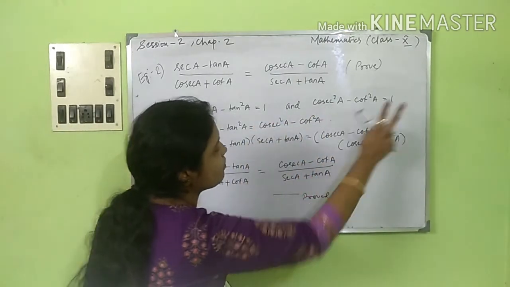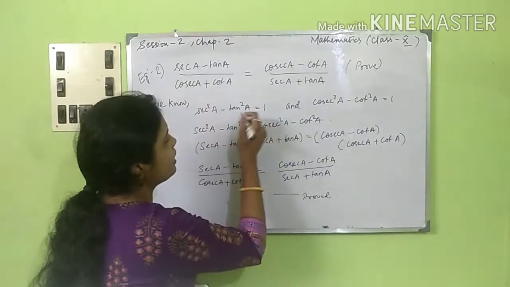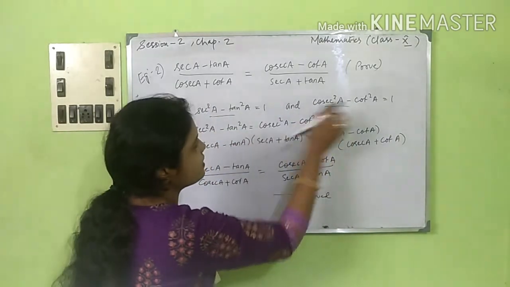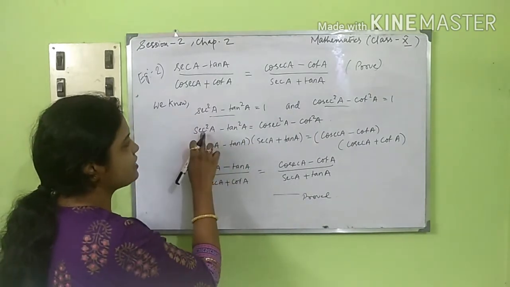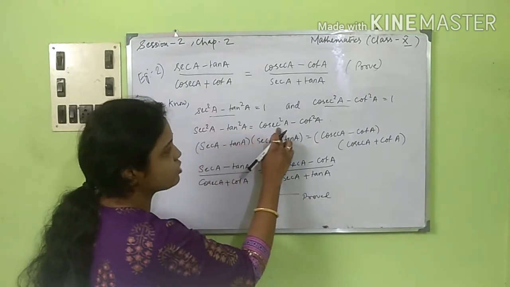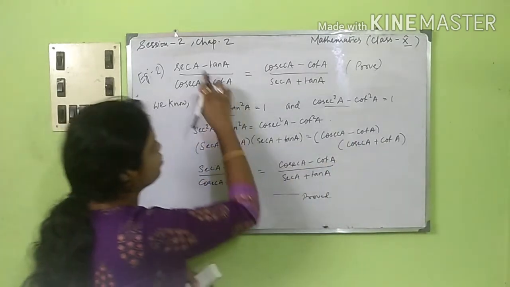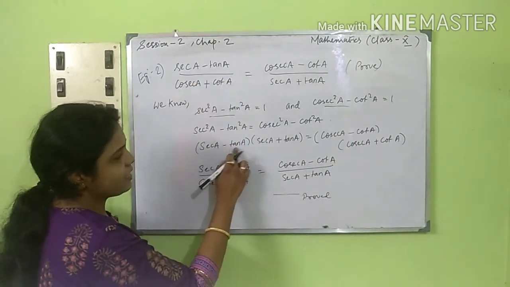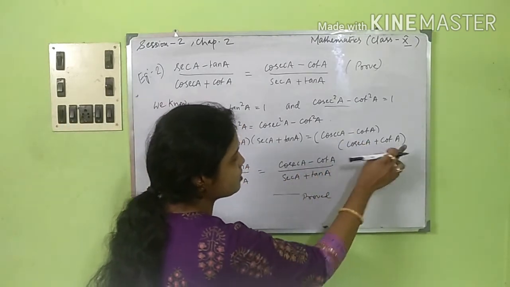Since the results are same, if we take these two ratios and equate, we get sec²a − tan²a = cosec²a − cot²a. So we have (sec a − tan a)(sec a + tan a) = (cosec a − cot a)(cosec a + cot a).